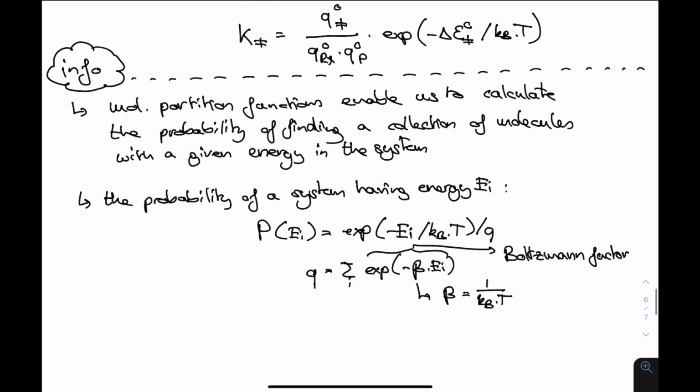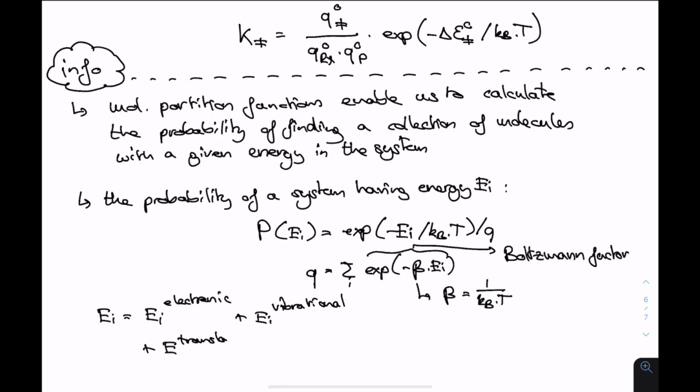So energies in general in a system, E_i, can consist of different contributions. So you have electronic contributions to energy, vibrational, translational, and other.